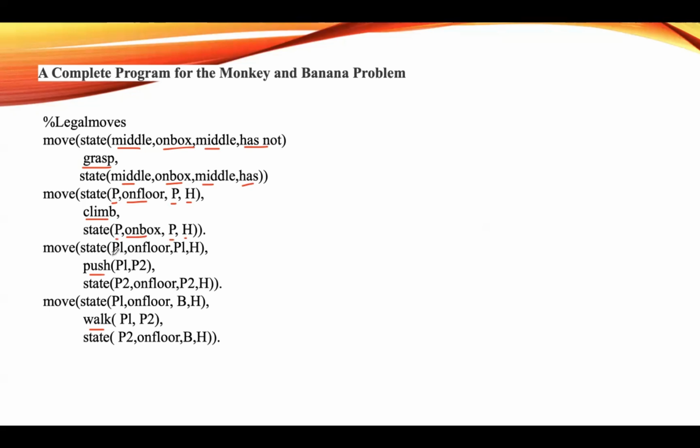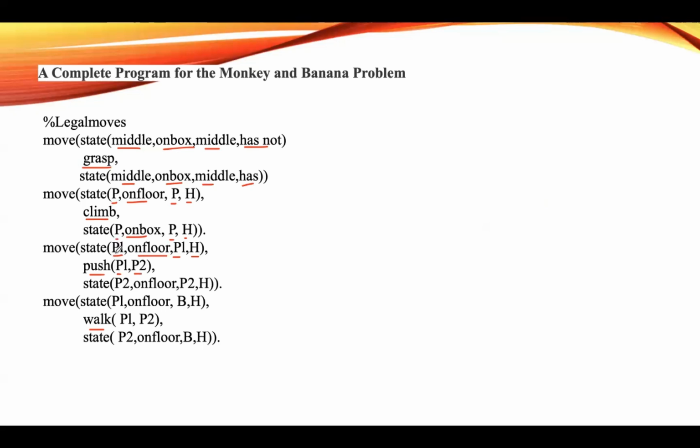And the third one, the push move. Here again, the position of the monkey and the position of the box should be at the same place. That is, they can be at the middle of the door, or at the middle of the room, or at the window. Here the monkey is initially on the floor, and we are not bothered about whether it is having the banana or not. We are just focusing on the push move. After push, the position of the monkey and box will change from P1 to P2.